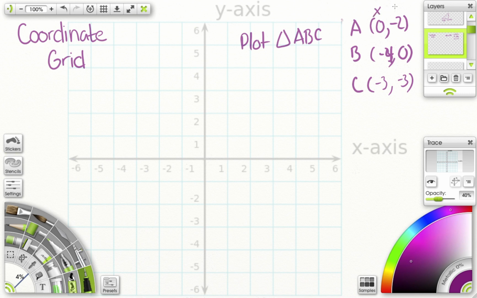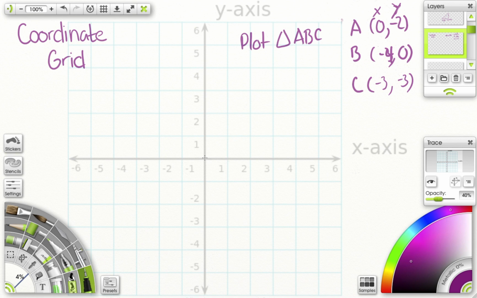So very first, I have to start with my A. My X coordinate is first and my Y coordinate is second. And I have to try to make my Y not look like an X. There we go. So A is 0, -2. So I start at my origin. My first digit is 0. That means I do not move side to side in any direction.